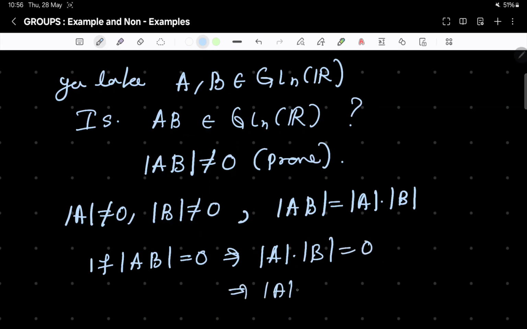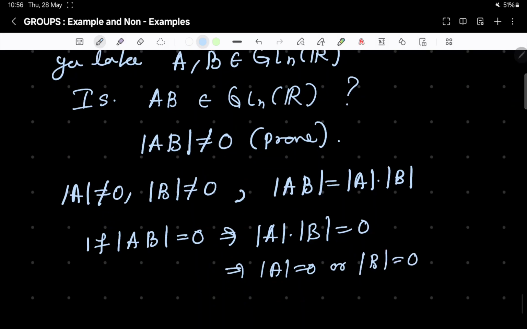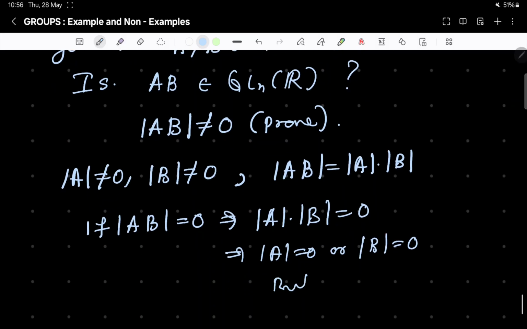This means determinant of A equals 0 or determinant of B equals 0. But we have that they are both non-zero. So that is a contradiction.